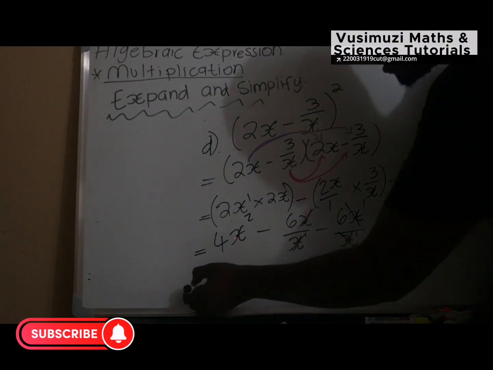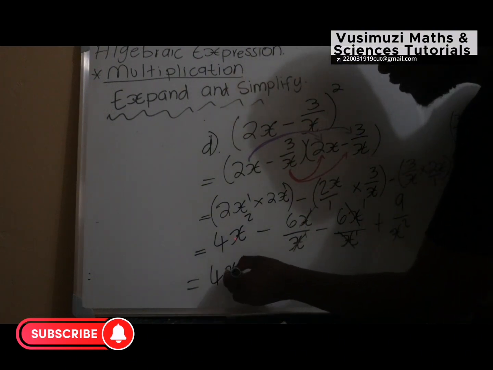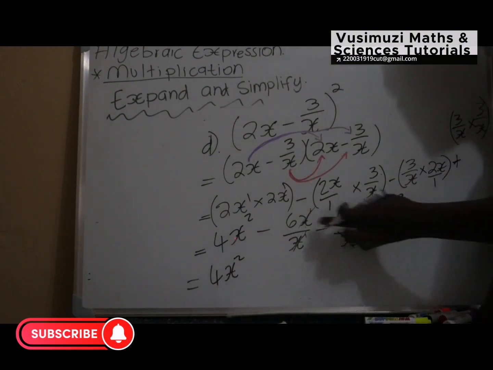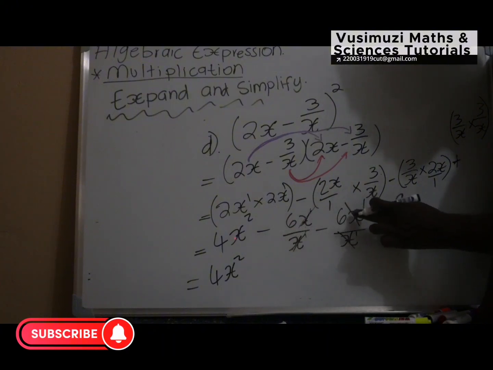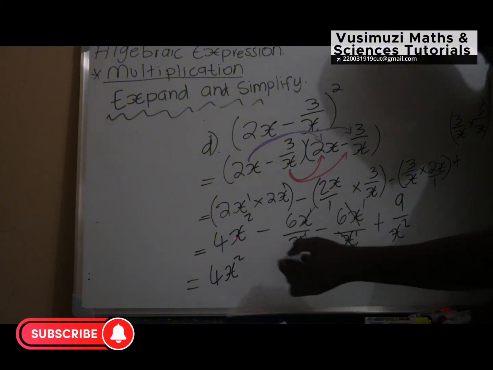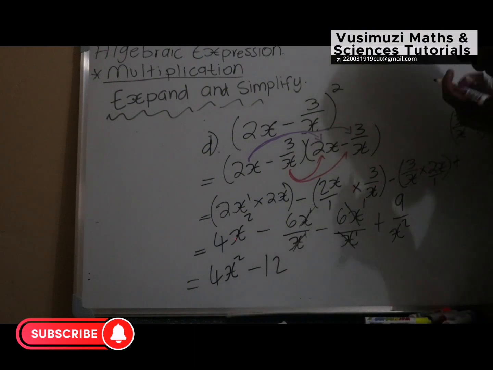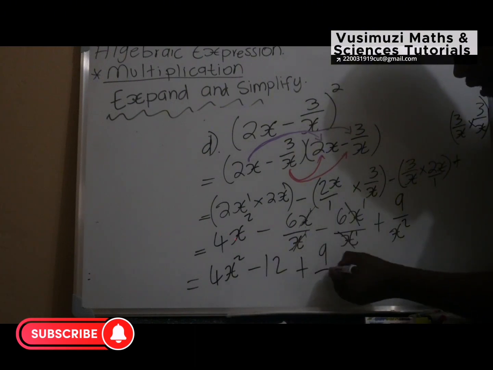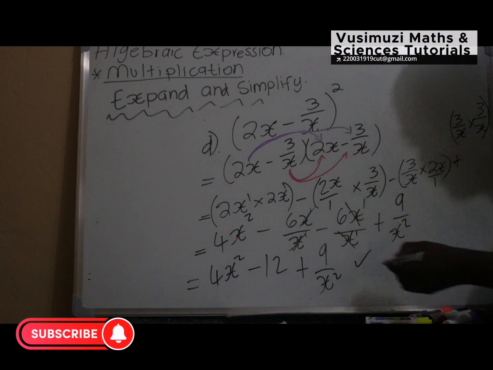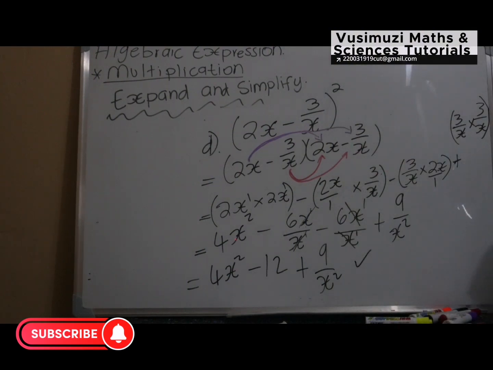Then you are left with 4x squared. And here you are left with negative 6 minus 6, negative 12, plus 9 over x squared. You are done with this example. We are done. Thank you very much, guys.